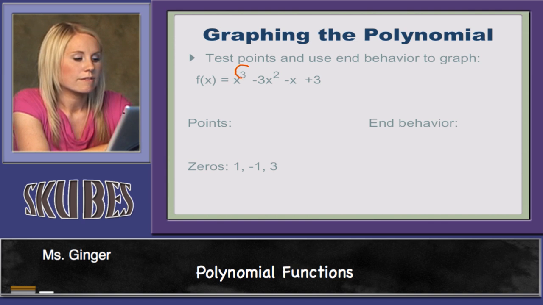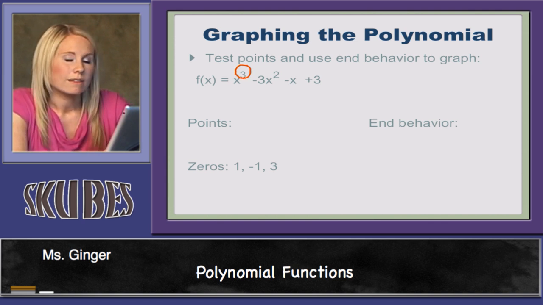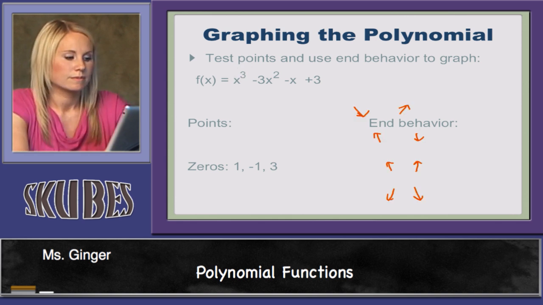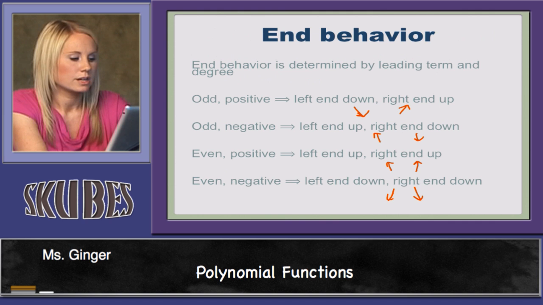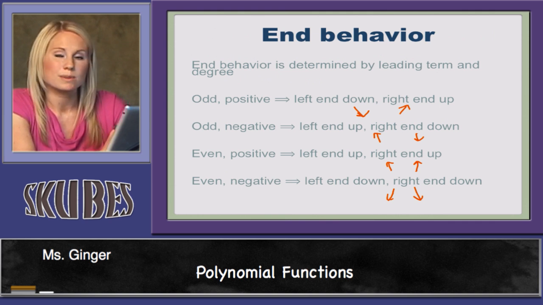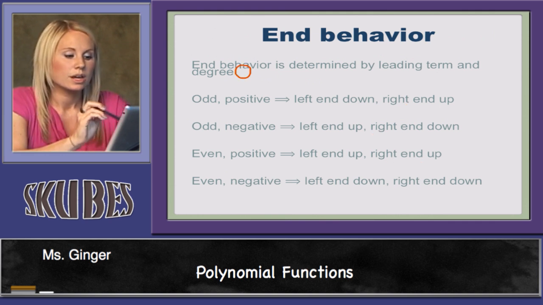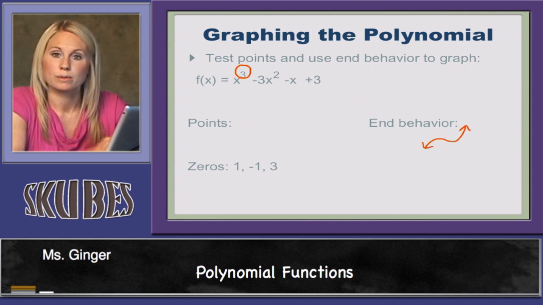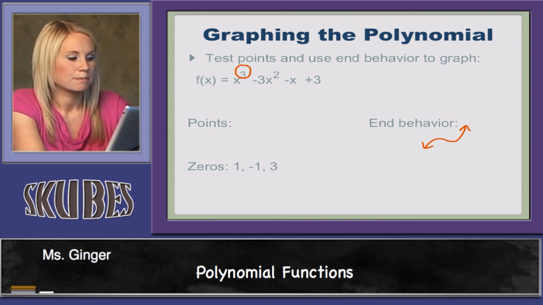If we notice that we have a degree 3 and that it's positive as our leading coefficient, remember that is an odd positive. Going back to our patterns, odd positive, the left end should be down and the right end should be up. So when we finished, it should do something like this. Again, we don't know what's happening in the middle, but the ends are doing these things.